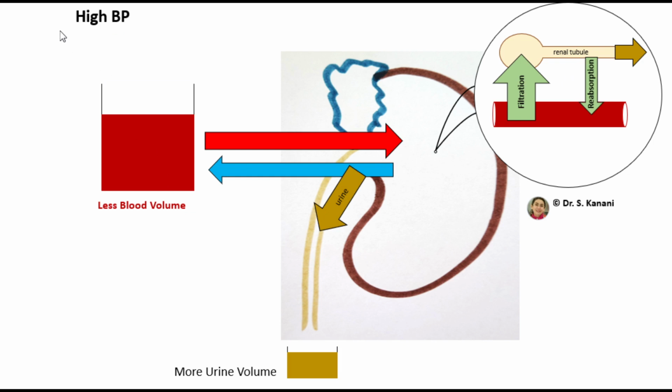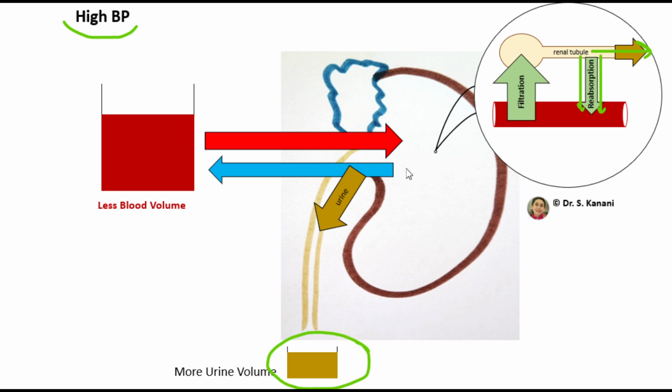However, if blood pressure is higher than what it's supposed to be, in an attempt to bring the blood pressure back down to normal, we see that in renal tubules of nephrons, less reabsorption of water happens. What nephrons do, they send less water back into blood, keep more water in, and as a result, they produce more volume of urine.